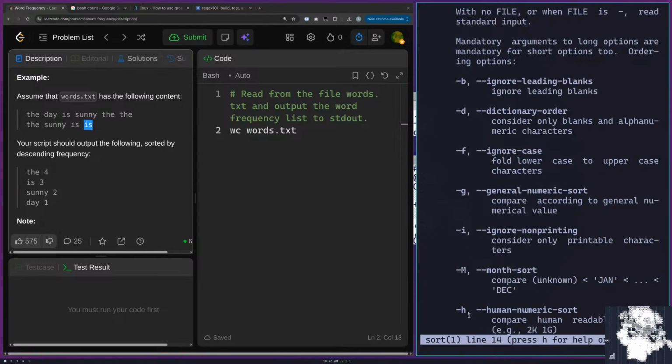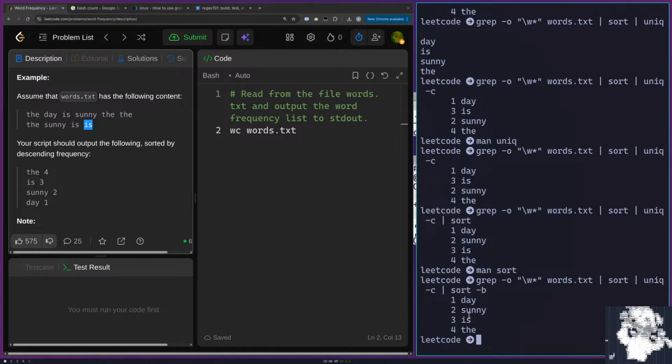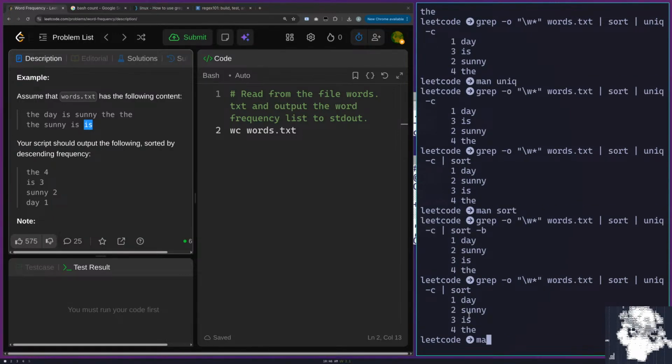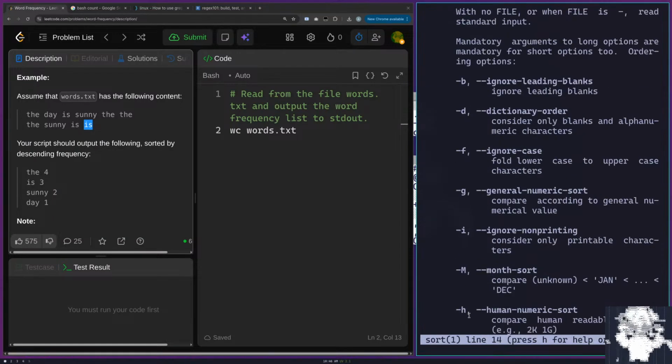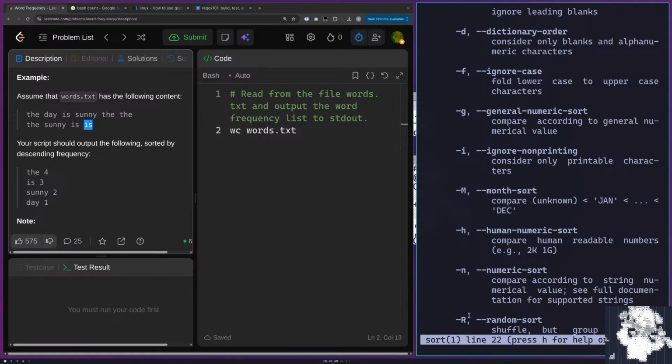Let's also ignore leading blanks. Sort -B. I want to strip them also. Anyway, how do I sort descending? General numeric sort.